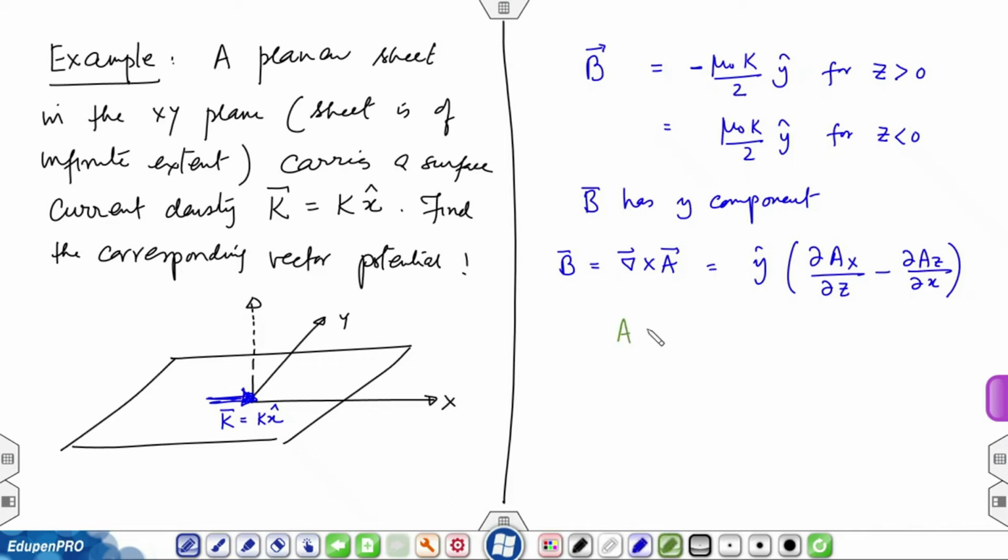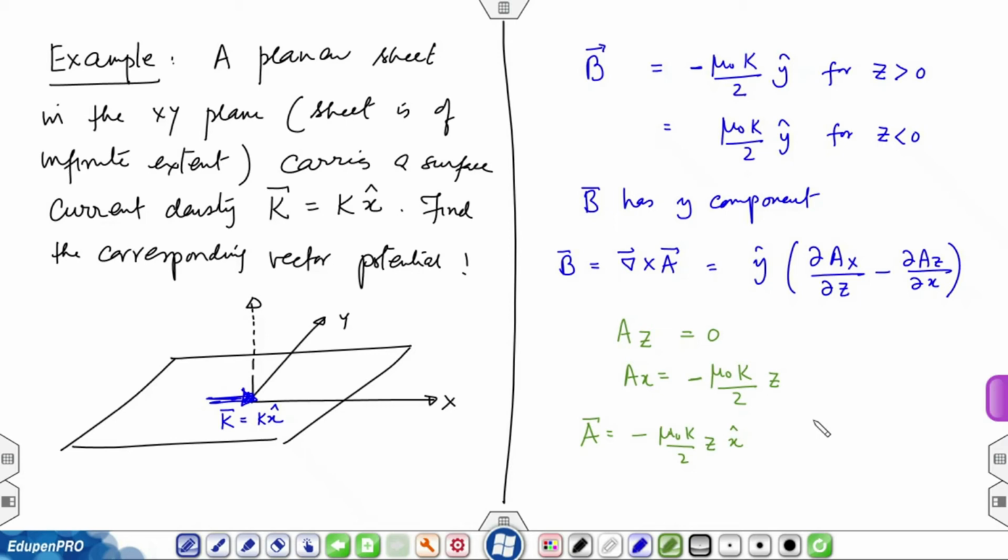I will take A z to be 0, and therefore A x will come out, just by inspection, to be mu naught k over 2 z with a minus sign. So, A I can write as minus mu naught k over 2 z in the x direction, that is it.